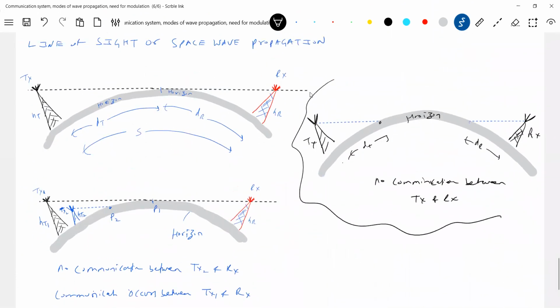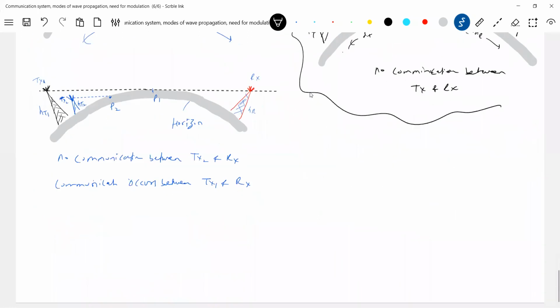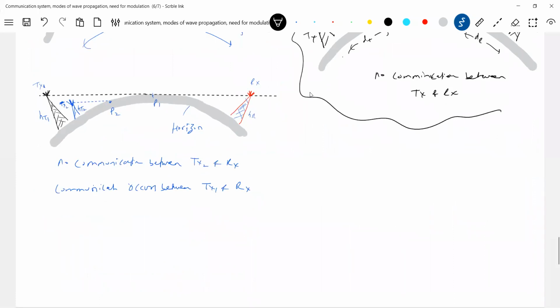Now let's come to line of sight. Definitely I'm interested, this range depends on what? Let's take some geometry here. This is the surface of the earth. Let's derive here.